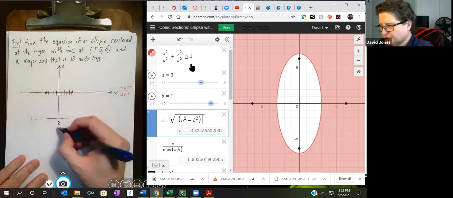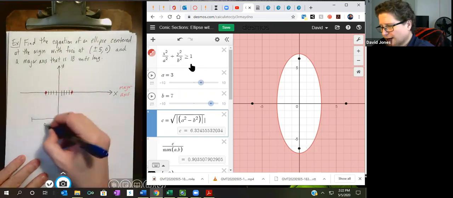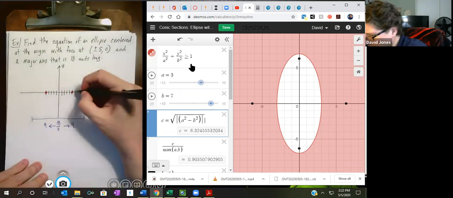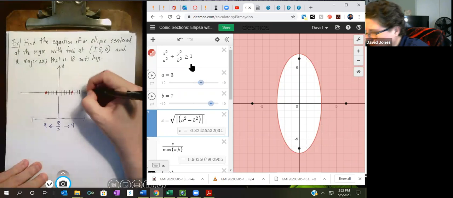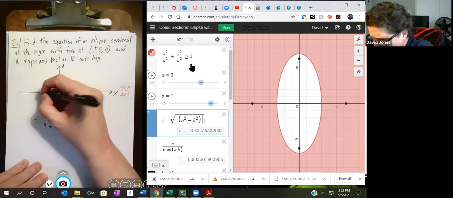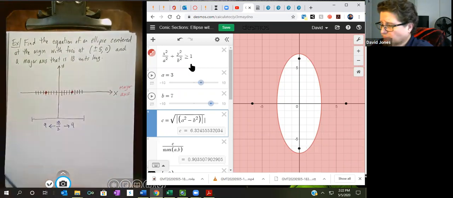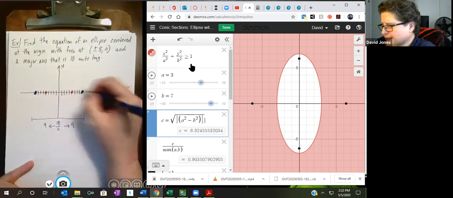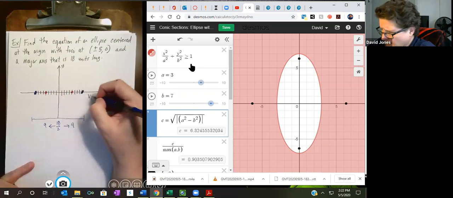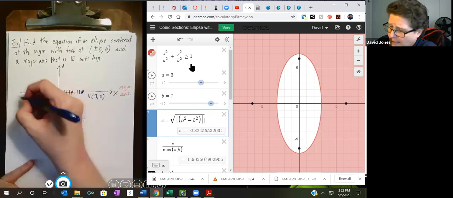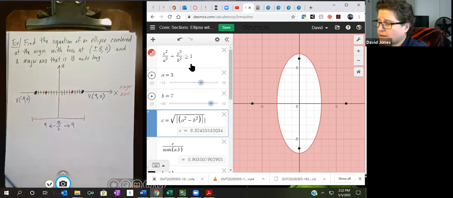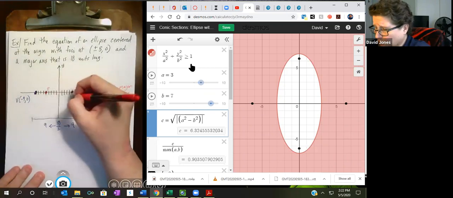We'd split that in two. 9 go that way, 9 go that way. And those are my vertices. Vertex at 9, 0, and vertex at -9, 0. That's a focal point. That's a focal point.